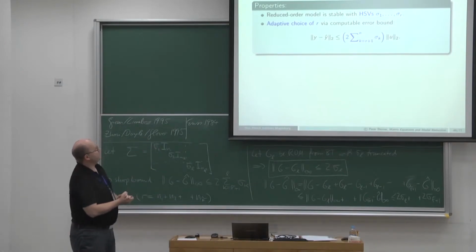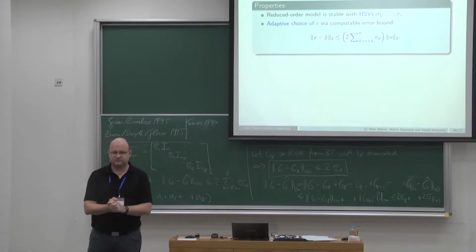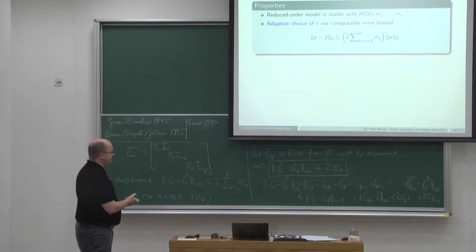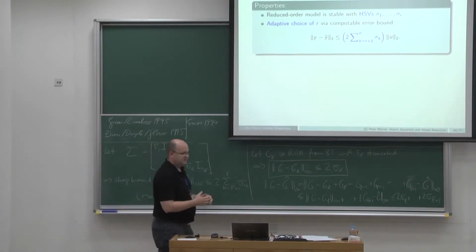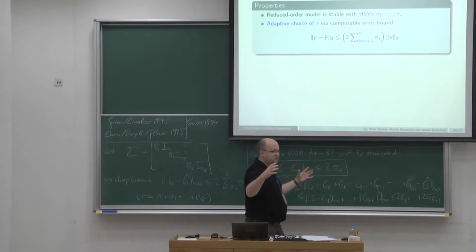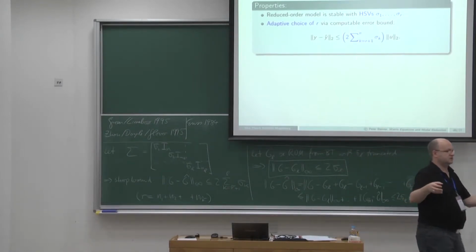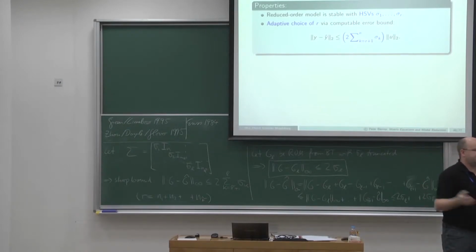So this was, of course, the breakthrough for the method of balanced truncation at that point. When the engineers knew you can exactly say what the error is, at least bound it from above, you are quite happy. So you can have an adaptive method. Once you have all your Hankel singular values computed, you have a tolerance given for your reduced order model. Say you want to have 10% or 1%.